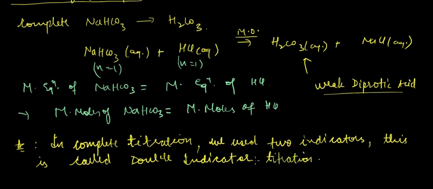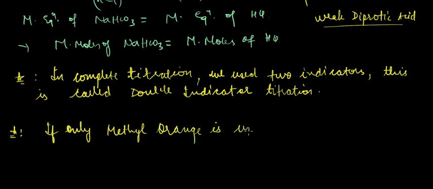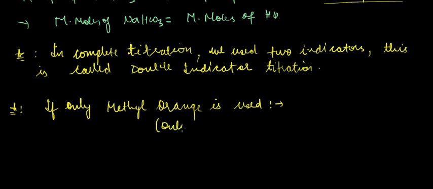Okay, so if only methyl orange is used, then what will happen is we will be able to capture only the second equivalent point.